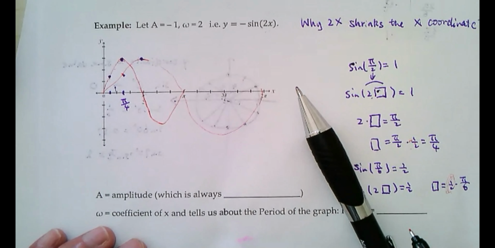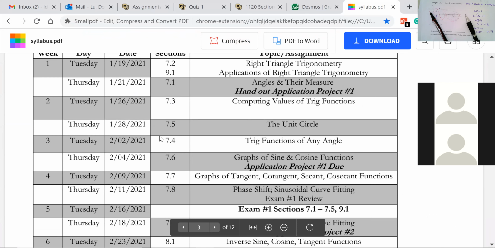So let me share the screen with you. This is our syllabus. If you scroll down, you see our schedule. We are following this schedule.